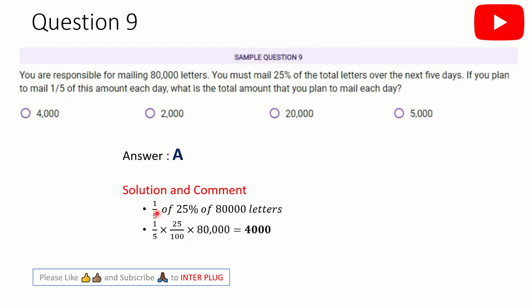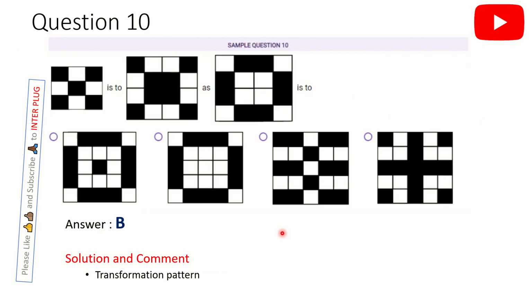So that's the expression, and we know that of is literally multiplication. So you have 5 goes into 5 there, you have 500 goes, and when you multiply that, you get 4,000 letters that you need to mail per day. Okay, that sounds impossible, like in real life. Okay, let's move on.